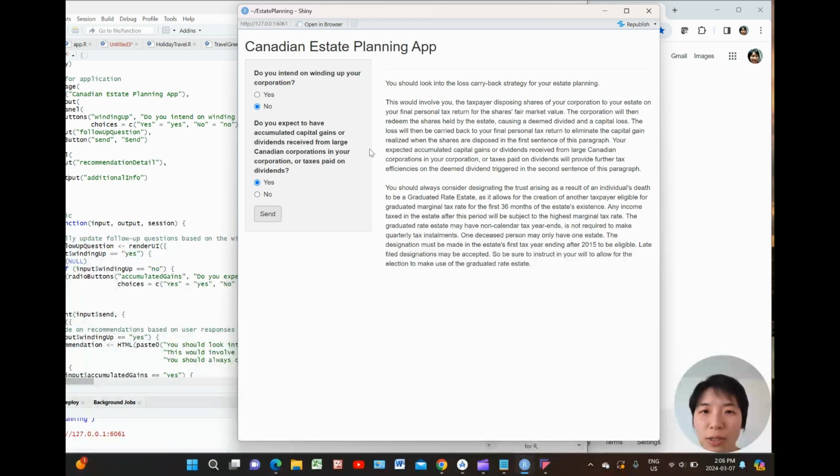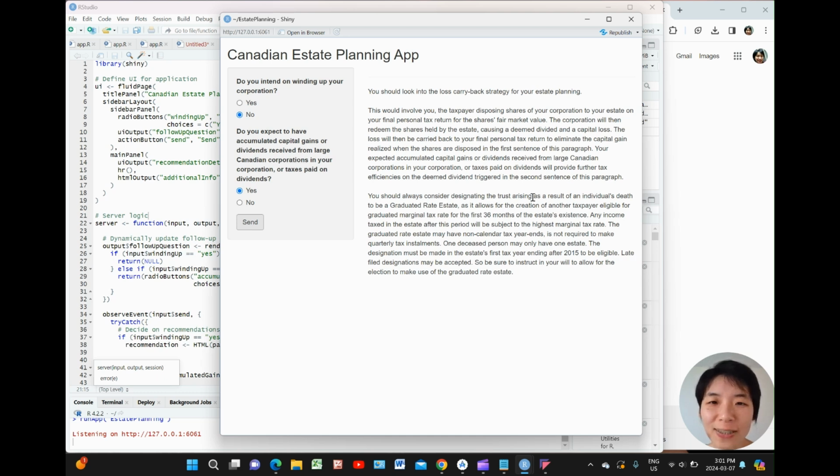So two different definitions that are related to redeeming the shares held by the estate. The loss will then be carried back to your final personal tax return to eliminate the capital gain realized when the shares are disposed of in the first sentence of this paragraph.